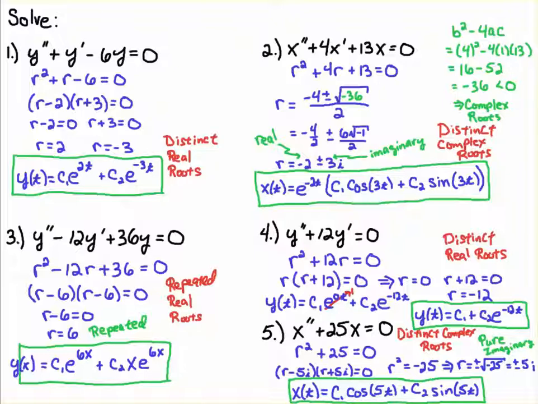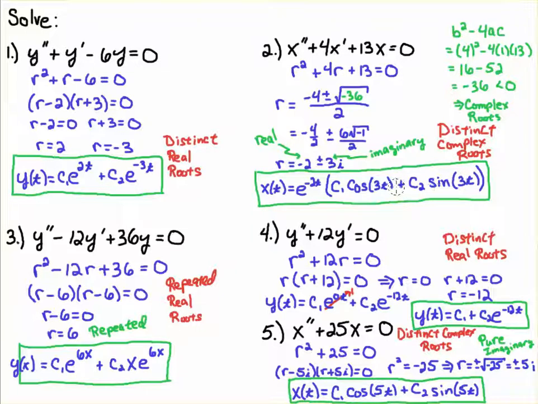So there's only 3 cases you have to concern yourself with, and you just calmly write down the characteristic equation, solve it, because it will be a quadratic equation, and then just consider your roots. Distinct real roots, you get this form of the solution. Distinct complex roots, you get this form of the solution.